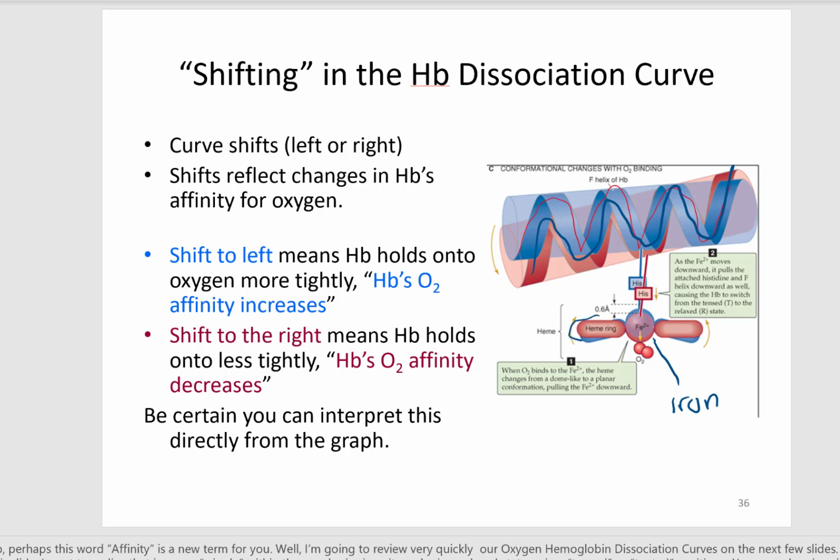This heme group would be going all the way around. So I should say it's the porphyrin ring. I'm just going to abbreviate it: por ring. So heme, remember, is the porphyrin ring and iron combined. And you can see right here that oxygen is interacting with that iron that's in the center of the heme group.